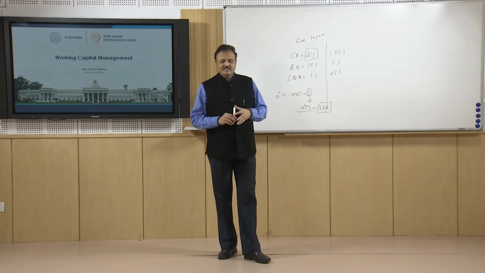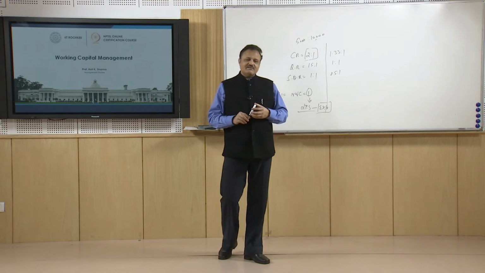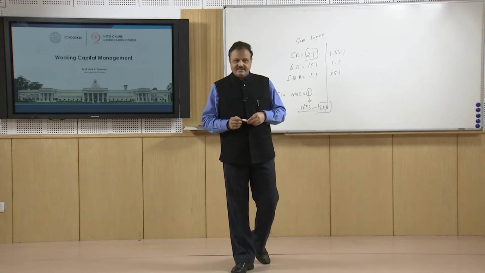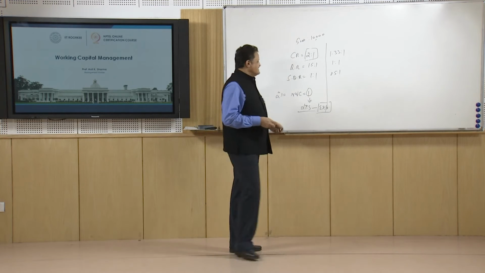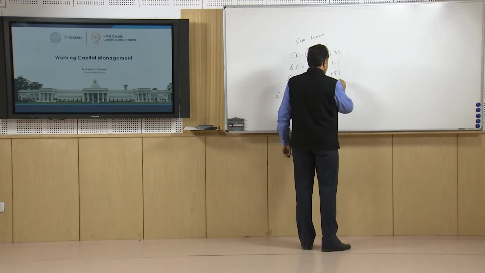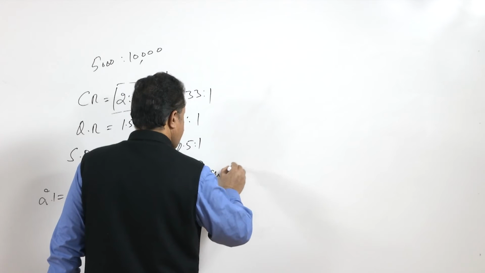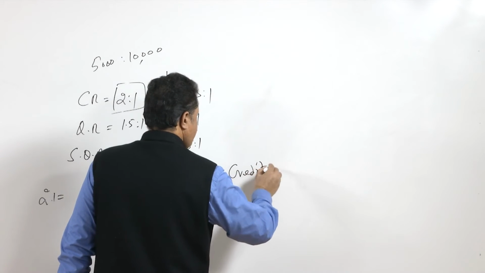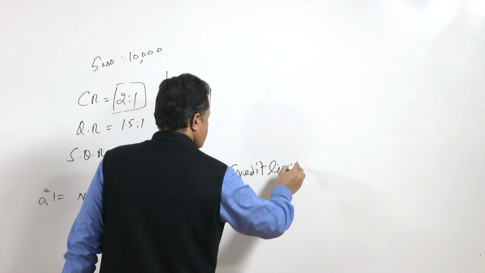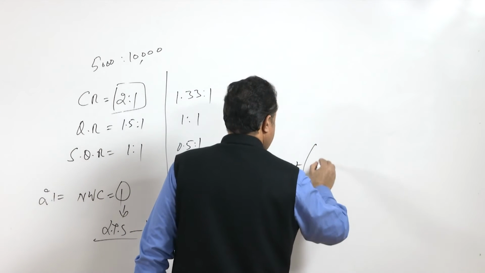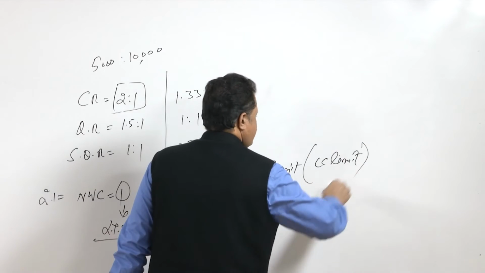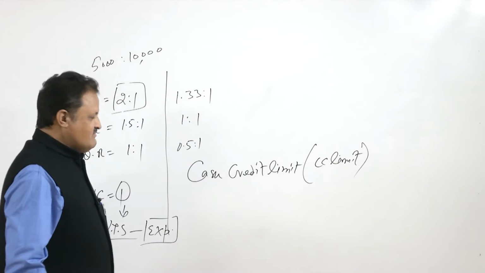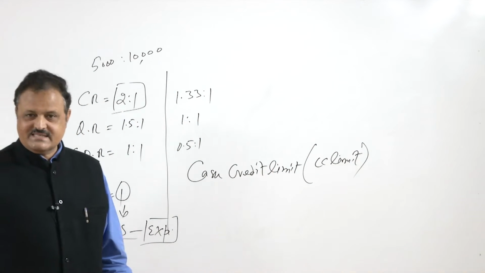So first let's discuss how working capital finance is provided by the banks in India. There are 3 ways. One is the CC limit, which means cash credit limit. This is one way of providing the working capital finance.